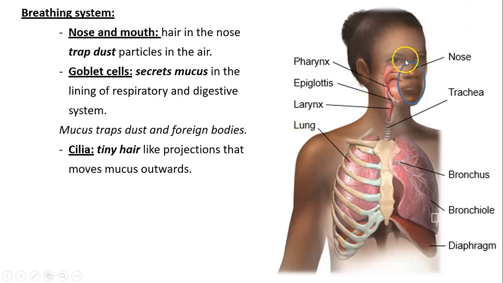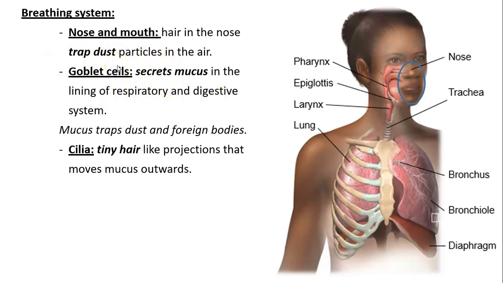Also, the nasopharynx, this area, is lined by two very important barriers that protect our breathing system from getting infections, which are the mucus and the cilia. Who secretes the mucus? The goblet cells.